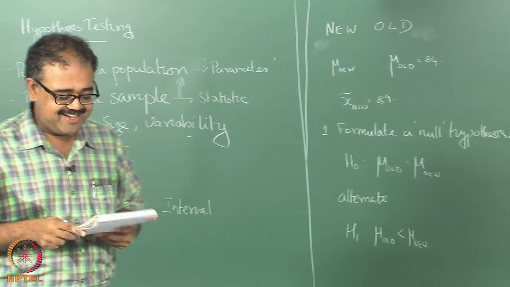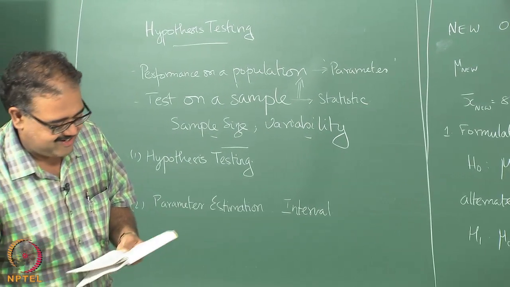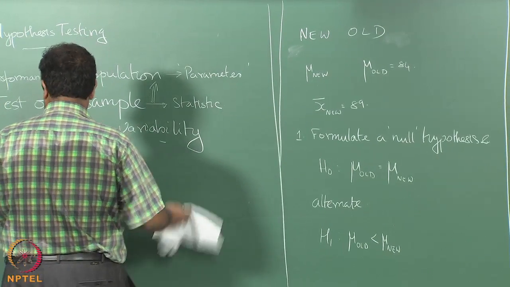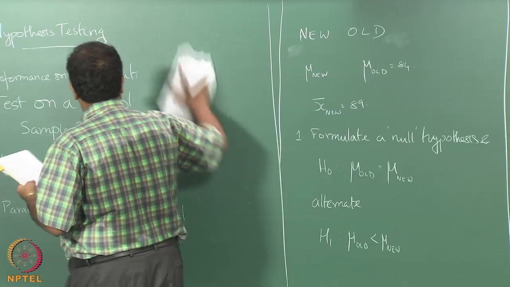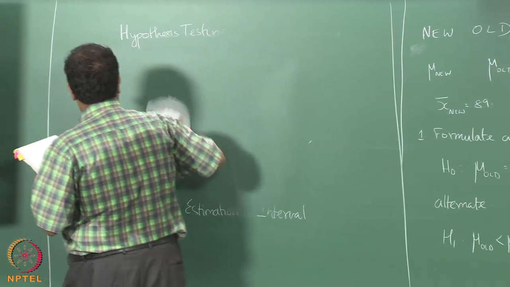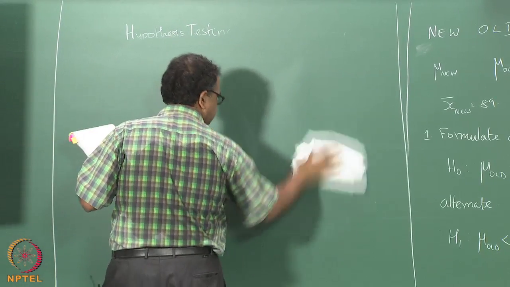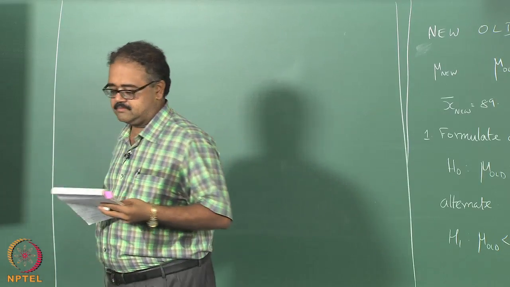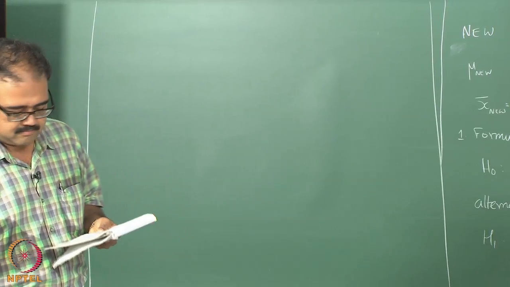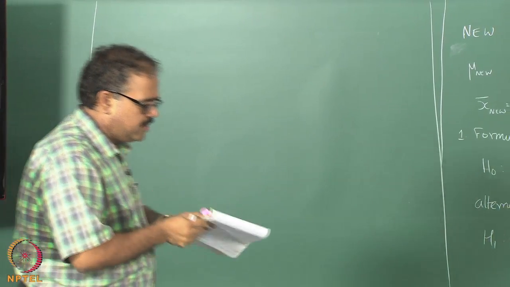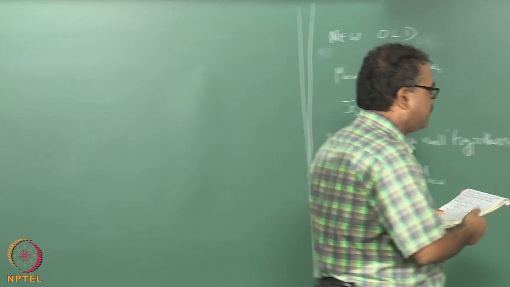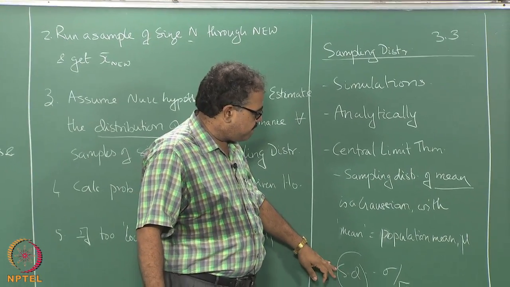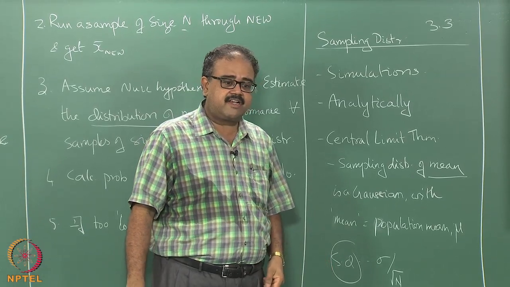But you have to be careful about what is correct. A couple of caveats here. If your population has a high standard deviation, what do you have to do?